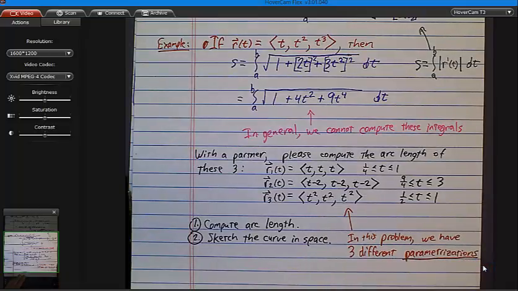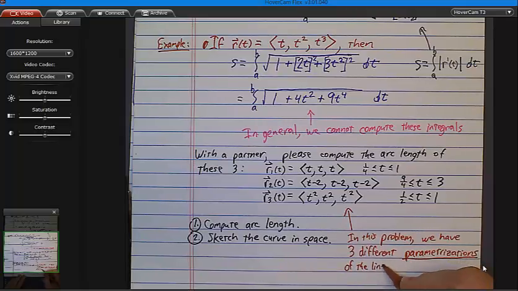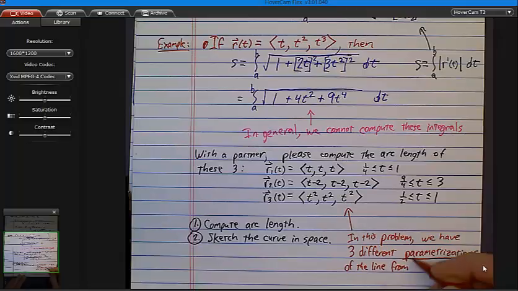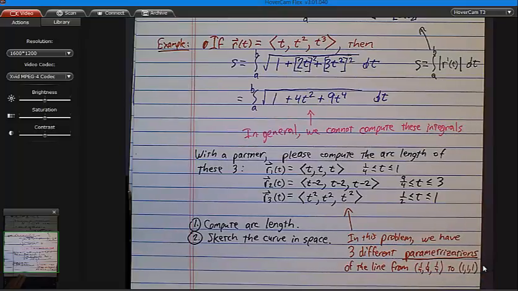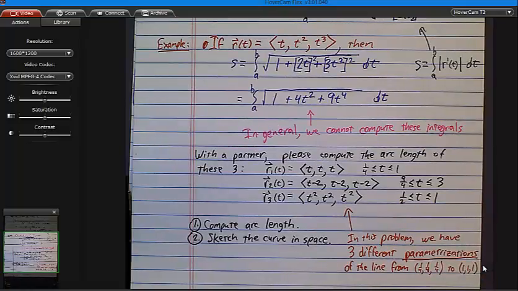Parametrizations of the line from, like you guys told me, 1/4, 1/4, 1/4 to 1, 1, 1. We have 3 different parametrizations. 3 different ways of traveling along the path. Okay? And that's really cool.